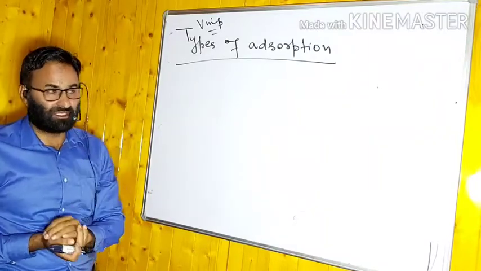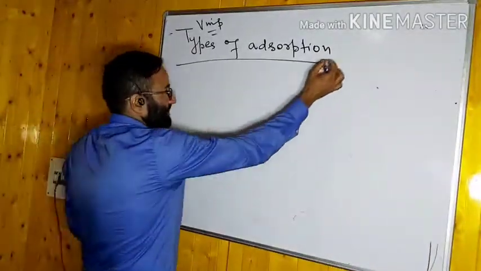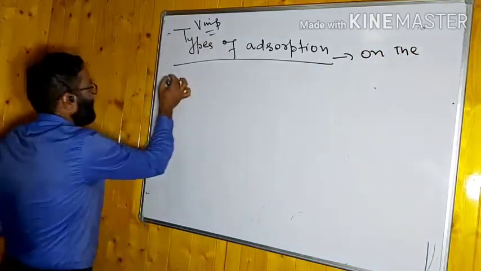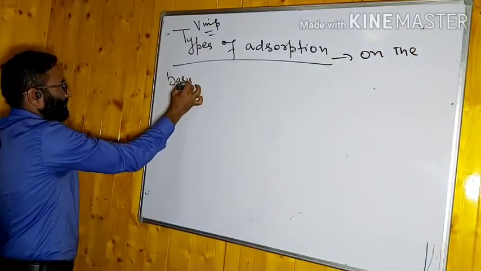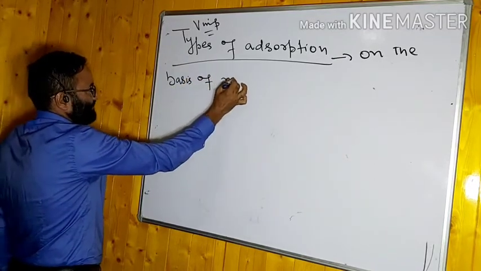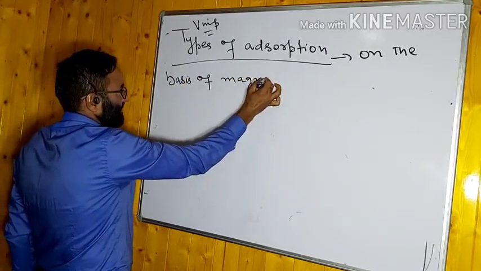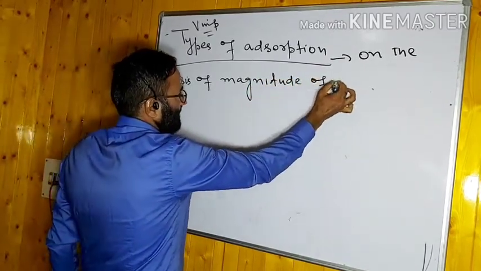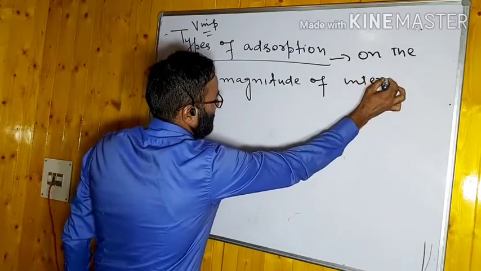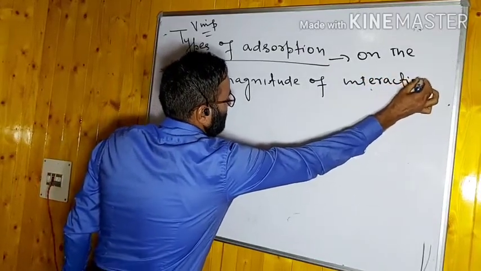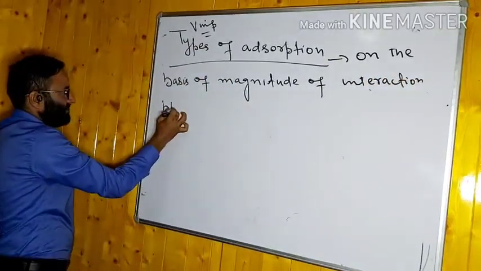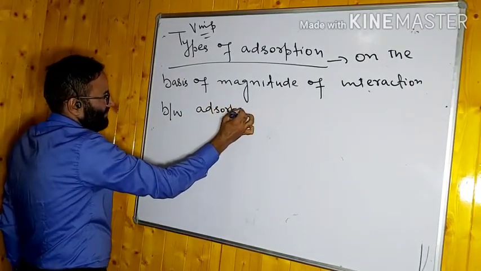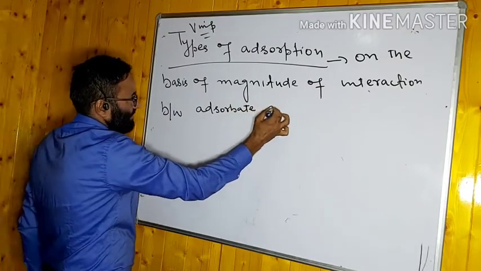We have two types of adsorptions. You can mention it on the basis of magnitude of interaction between adsorbate and adsorbent.